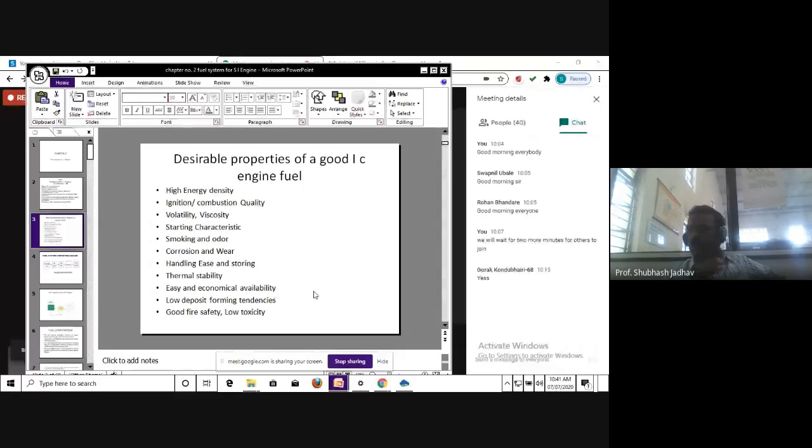The thinking was that we can use oils, and generally it started with vegetable oil research. Initially all the vegetable oils were being researched, but when we started the initial research on fuels for the ICE engine, we didn't have petroleum fuels.